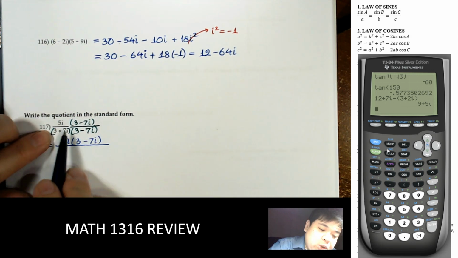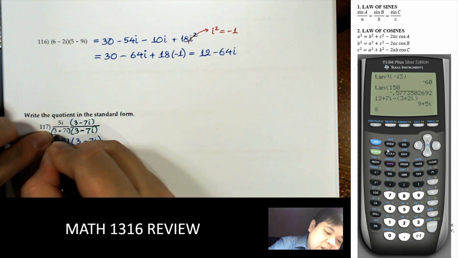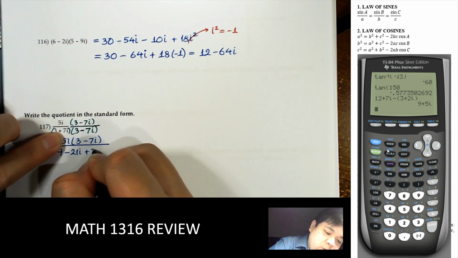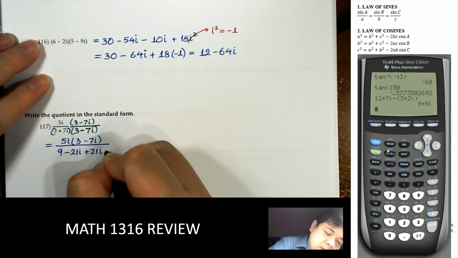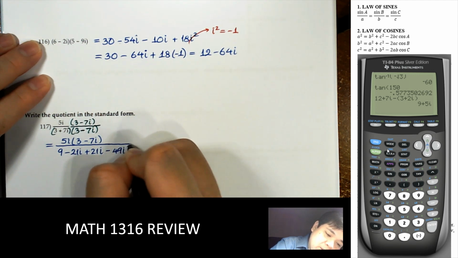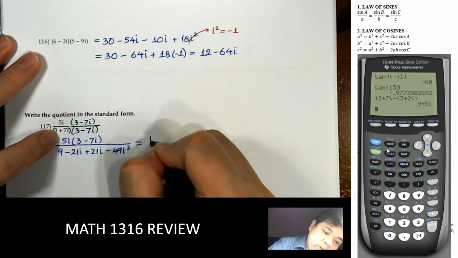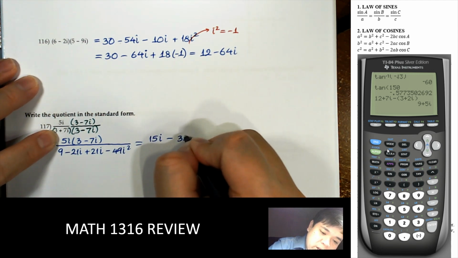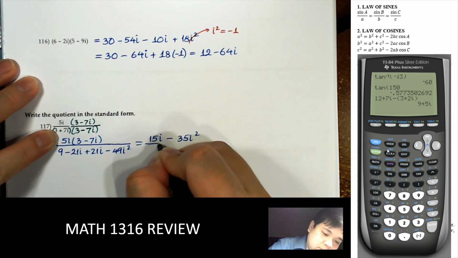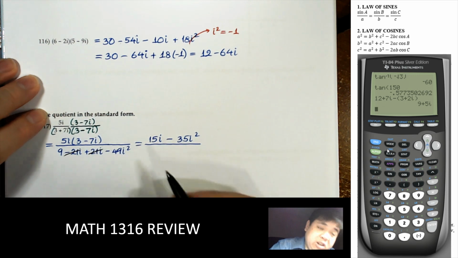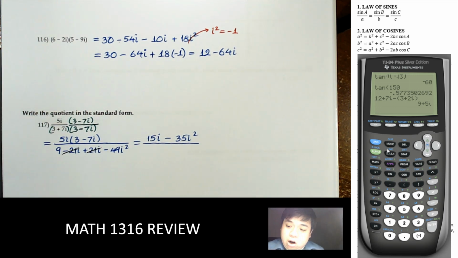Now let's multiply: 3 times 3 is 9. 3 times negative 21i plus 21i, minus 49i squared. The top will be 15i minus 35i squared. The middle terms cancel out because that is the conjugate multiplied by its conjugate.